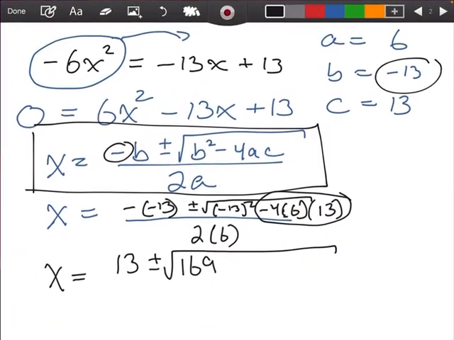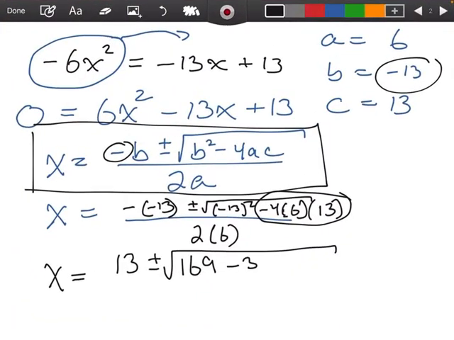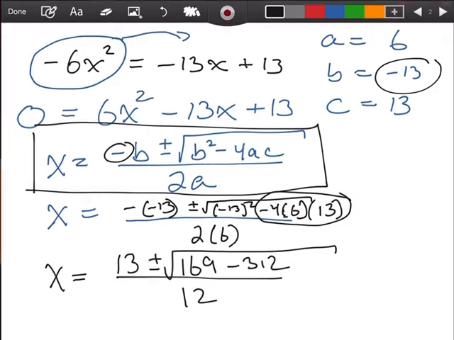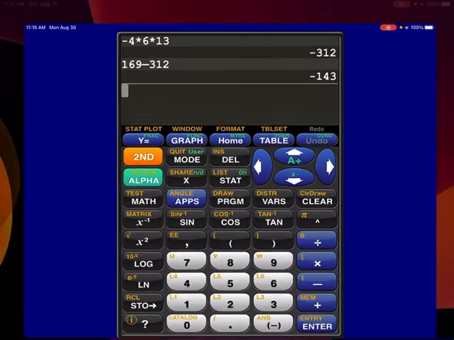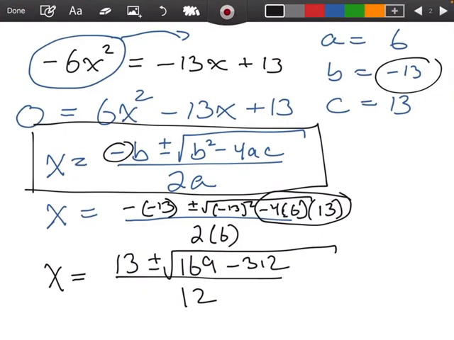So come back here: minus 312, all over 12. Let's do 169 minus 312, which is negative 143. So now we have x is equal to 13 plus or minus the square root of negative 143 all over 12.